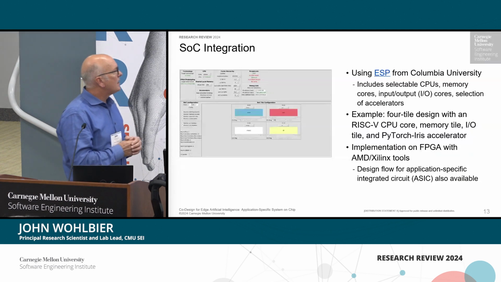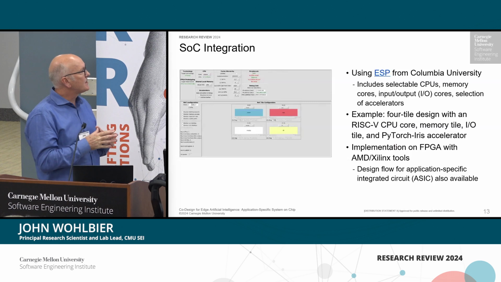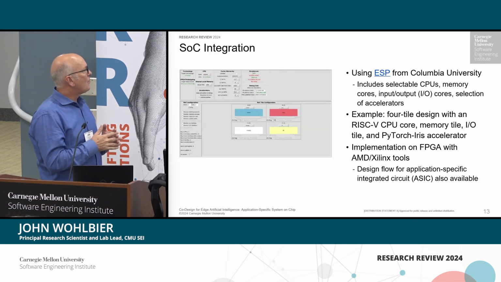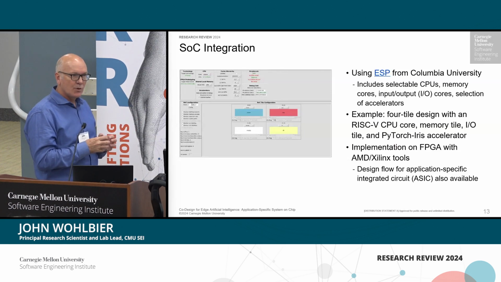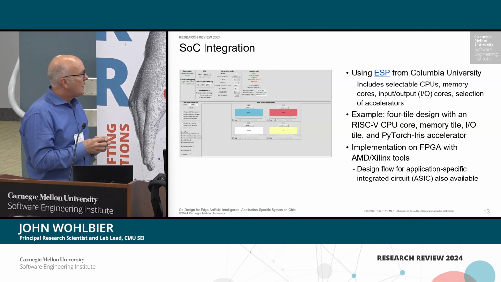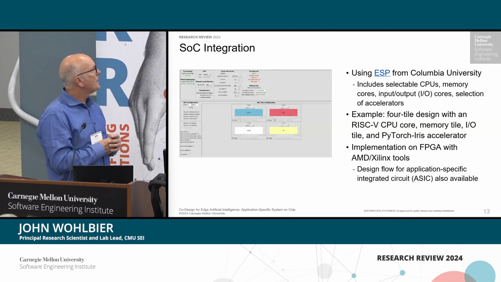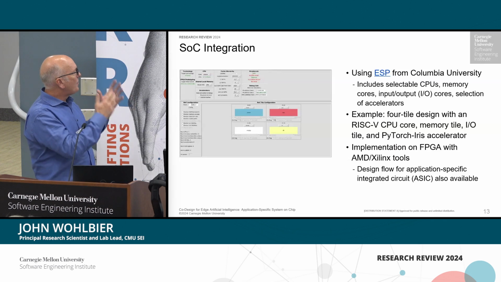Lastly, I'm going to talk about how we integrate it into a system on chip. Like I said earlier, we're using a tool called ESP, Embedded Scalable Platforms, from Columbia University. It looks like this thing on the left. You want to make a system on chip, you run the program, and it opens up this interface.